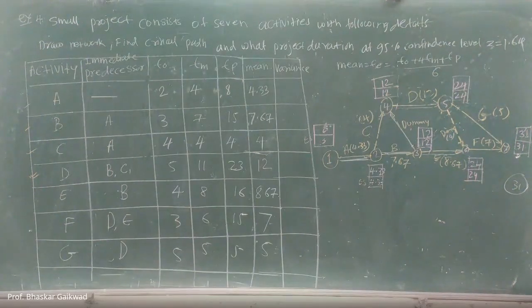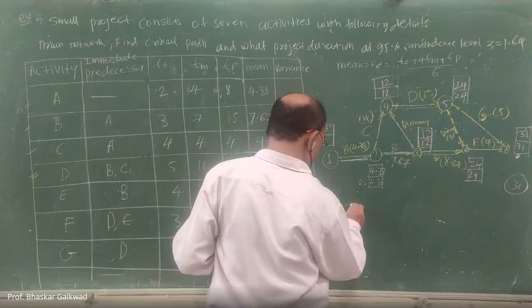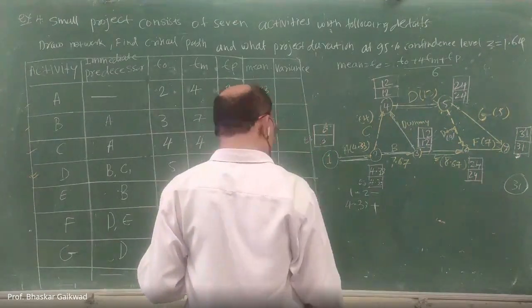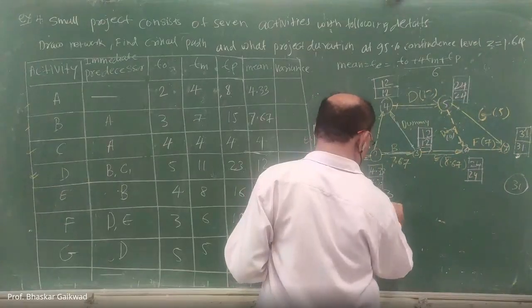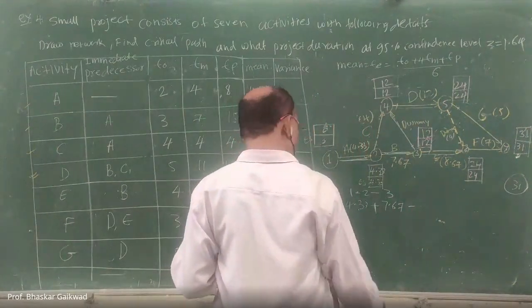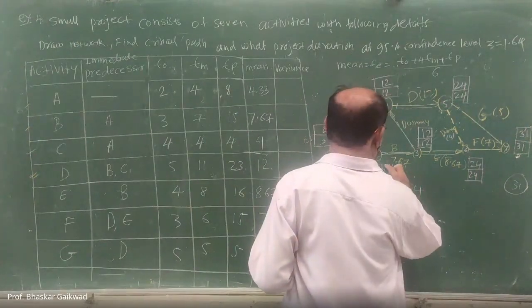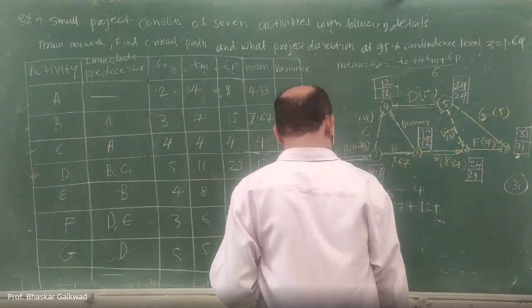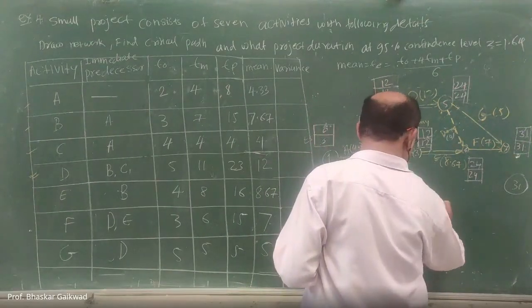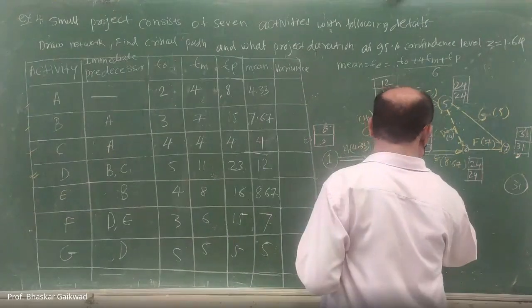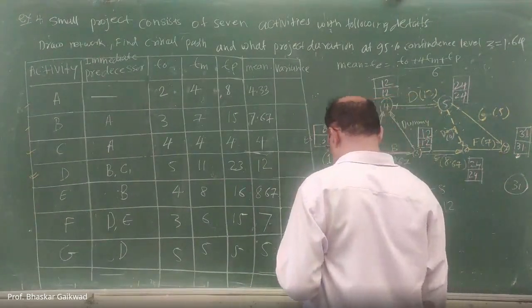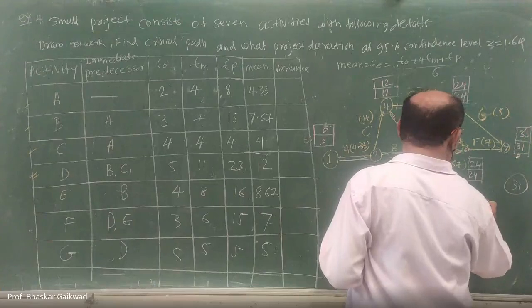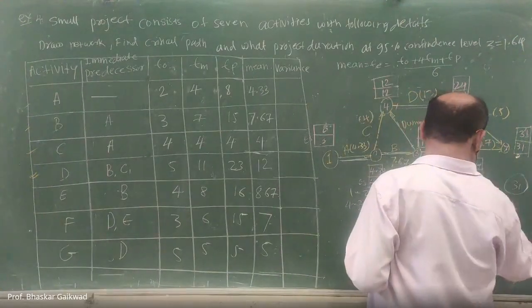In order to get this 31: 1 to 2, 4.33; then 2 to 3, 7.67; then 3 to 4, 0; then 4 to 5, 12; then 5 to 6, 0; then 6 to 7, 7.